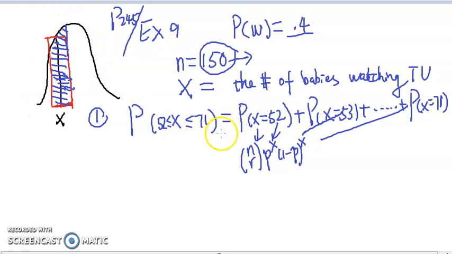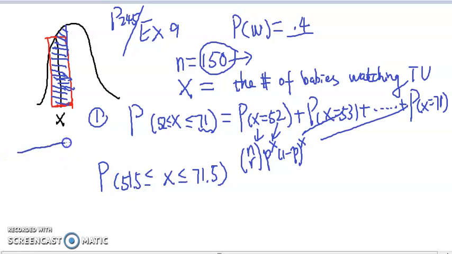Normal distribution. But when we do this question, we have to do a continuity correction. For the upper bound 71, we're going to increase it a little bit, adding a half to get 71.5. For the lower bound, we're going to reduce it to 51.5.